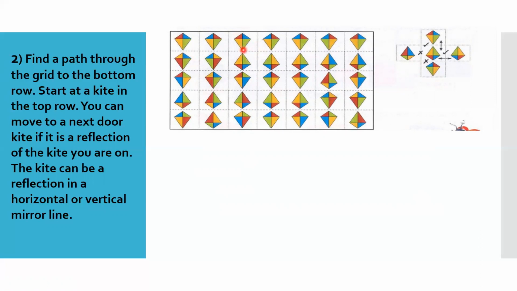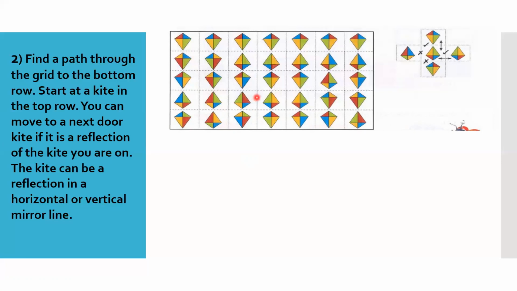If you are drawing a path towards this kite, then this particular kite should be a reflection of this kite. Then only you can draw a path from this kite to the very next kite. So this is the condition they have set.